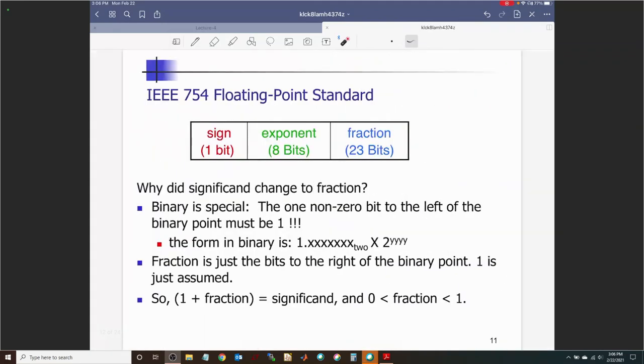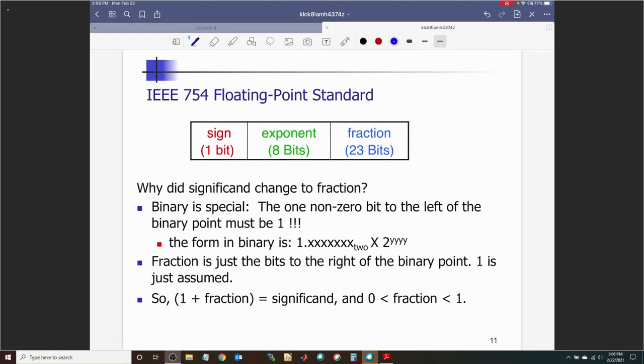So we said, all right, 1 bit for sign fixed, 8 bits for exponent fixed, 23 bits for fraction, right? Not significand, fraction. So the question over here is, why did significand change to fraction? And we kind of answered that.